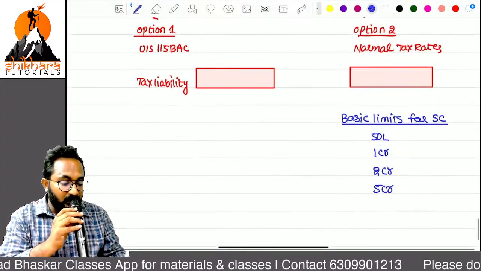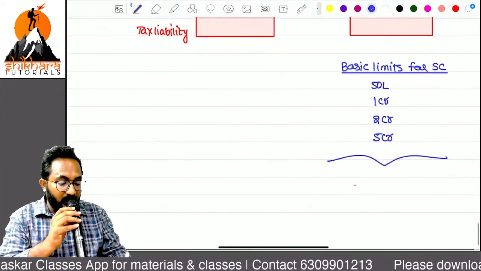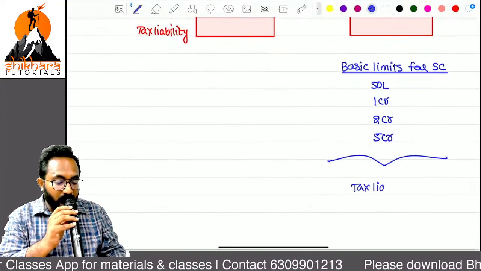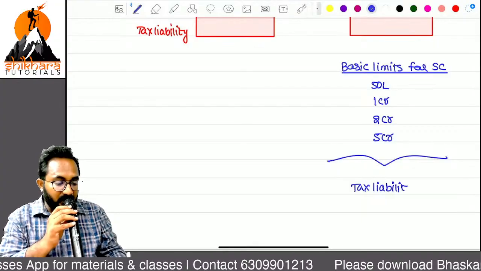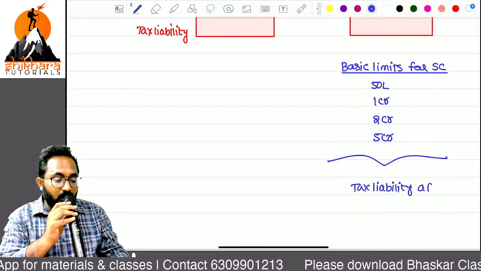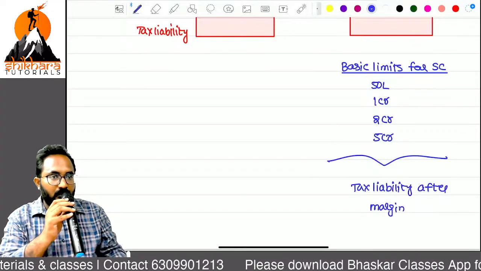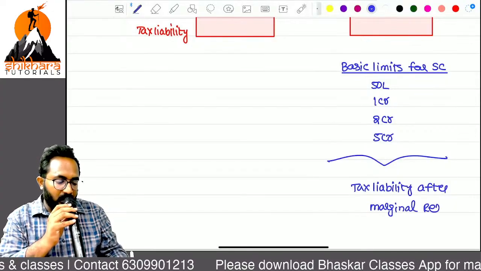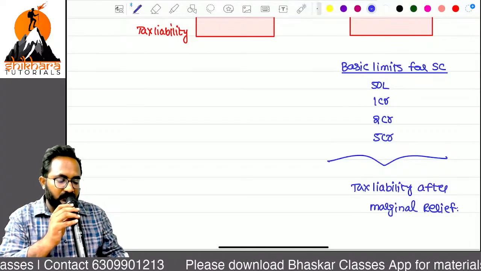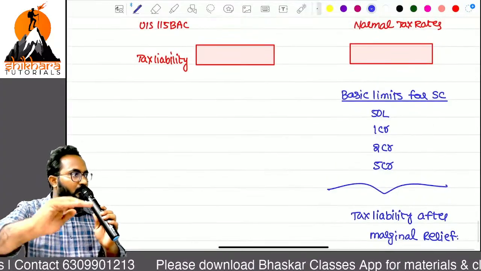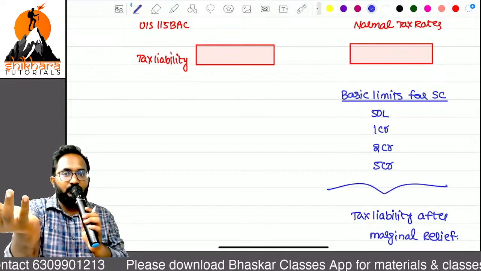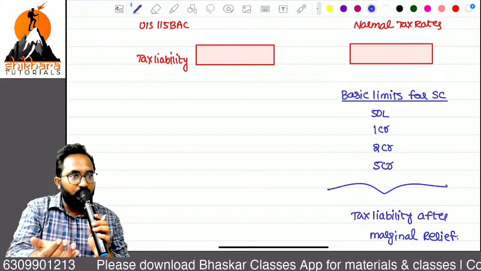So that's why here we have to calculate the tax liability after marginal relief, because under the old regime, basic limits for surcharge are 50 lakh, 1 crore, 2 crore, 5 crore.